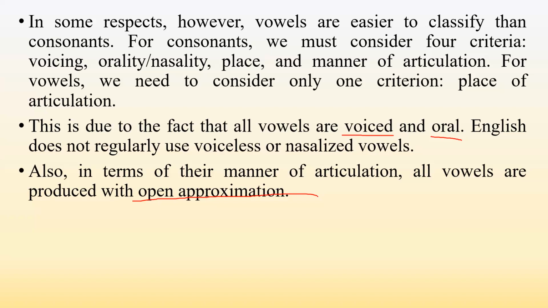Open approximation is that. So it is the same manner for all the vowel sounds. Okay, I think so far it's clear for you what we have been talking about, the production of vowels in common. Right?